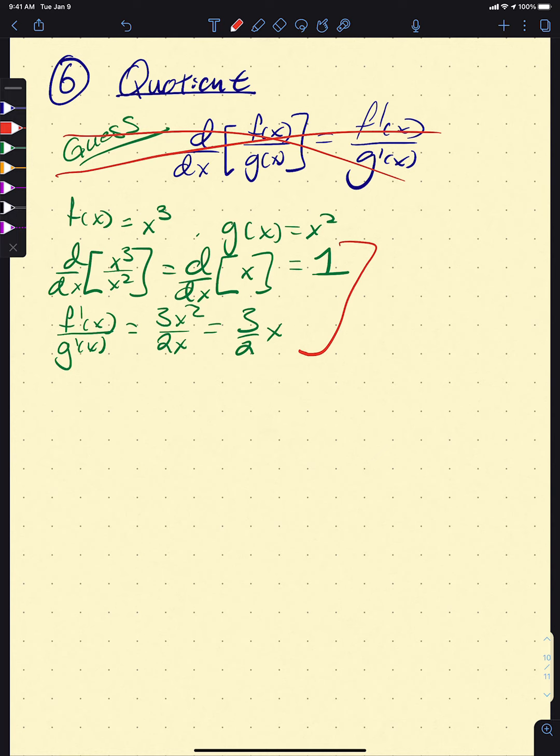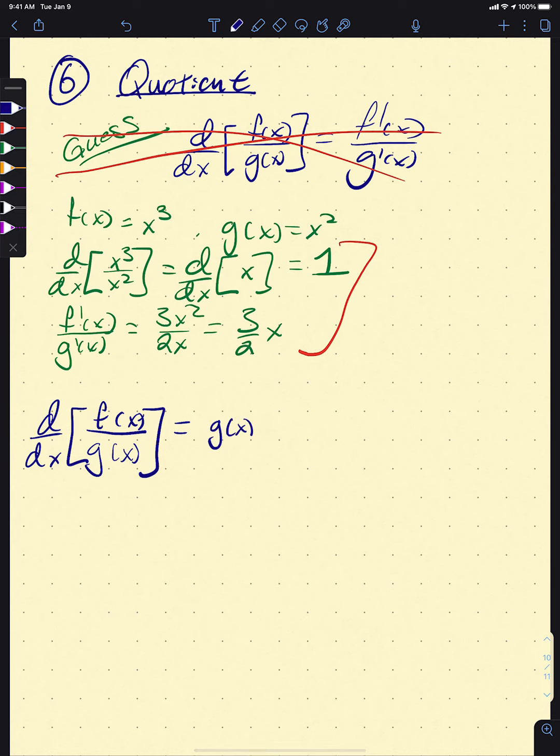Okay, and the quotient rule looks a little bit something like this. If we're taking the derivative of f of x over g of x, okay, I'm going to write it out, and then I'm going to tell you a little bit about it. So it's g of x times f prime of x minus f of x g prime of x over g of x squared.